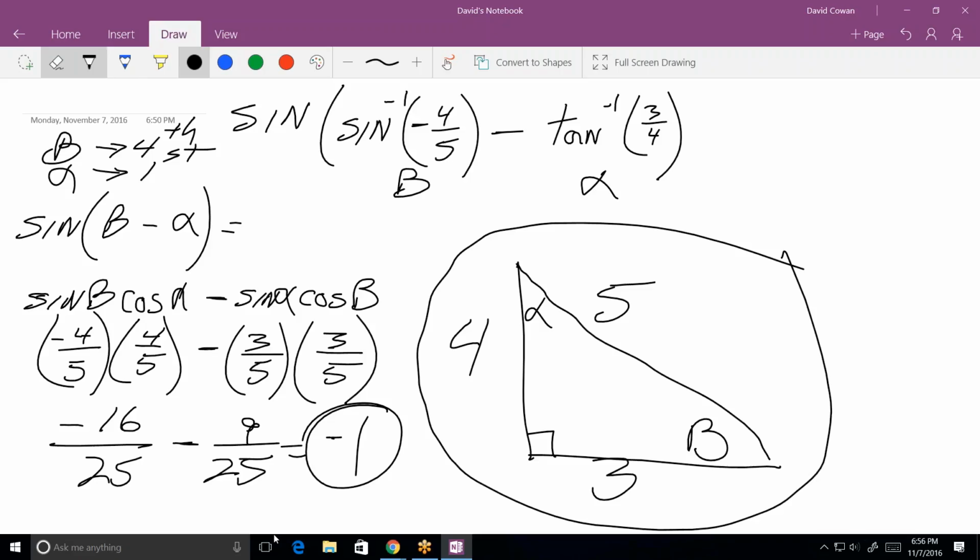So I believe every step here is required. I don't think I'd want to leave out a step. There may be a slightly similar or easier way to do all of this, but I don't think so. I think you have to draw the picture of the triangle, and you have to label the angles to fit this. In other words, beta is opposite over hypotenuse, so I got beta labeled correctly, and alpha is opposite over adjacent, so this has to be alpha. 3, 4. 3 over 4.